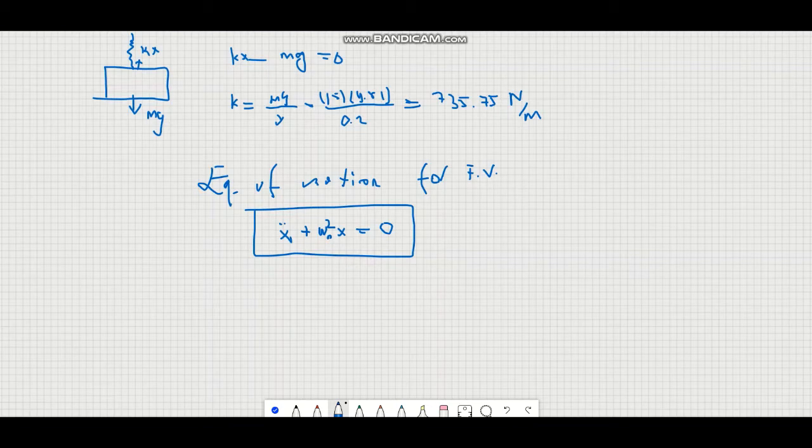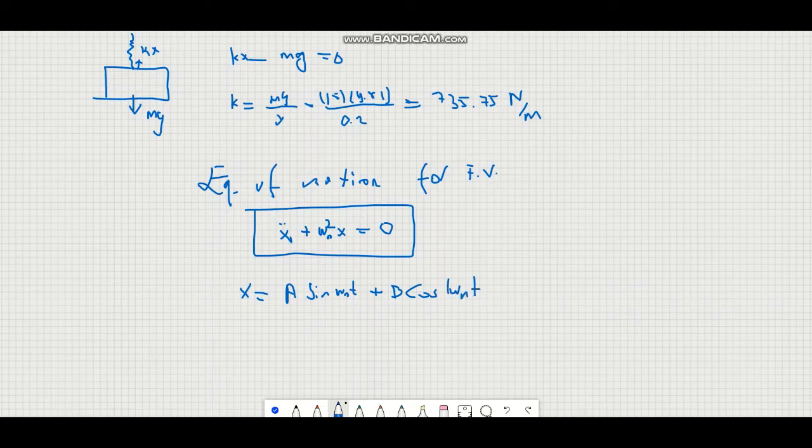We also showed the solution of x. If you have this kind of differential equation, how we are gonna solve it is: x equals a sine of natural frequency multiplied by time, plus b cosine of natural frequency multiplied by time.